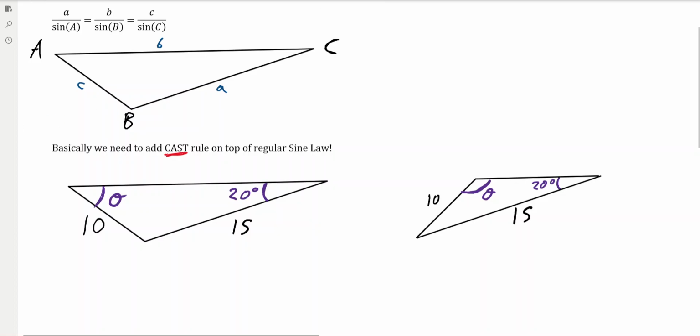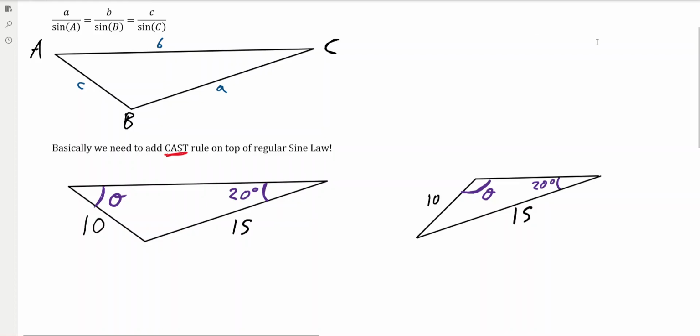Alright, so we have this triangle here, and these are the 2 sides given to us, and we're looking for this angle on the left, and we're given the angle on the right. Now, the part that is ambiguous is that if the drawing is not given to us, there are actually 2 possible answers.